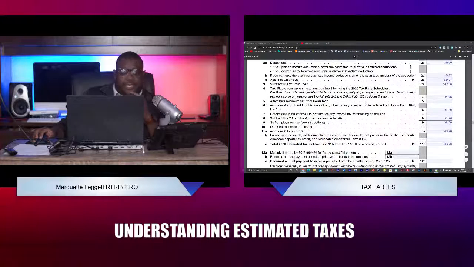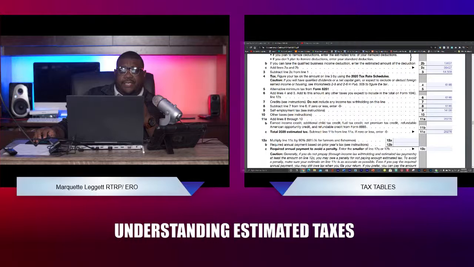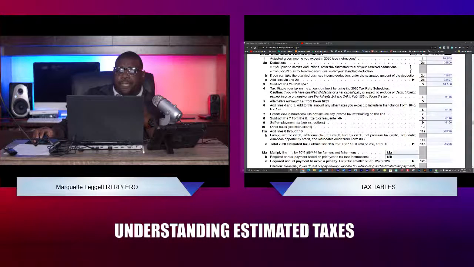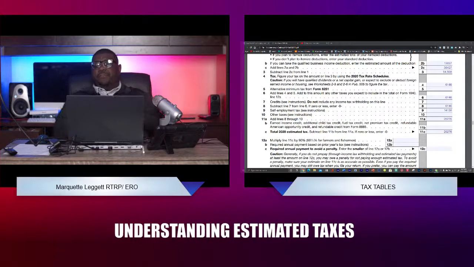Now, of course, if you were accepting these credits, for example, like it says, earned income credit, additional child tax credit, fuel tax credit, net premium tax credit, refundable American Opportunity credit, if you're eligible for any of these credits, then you're definitely going to want to take part in those credits.